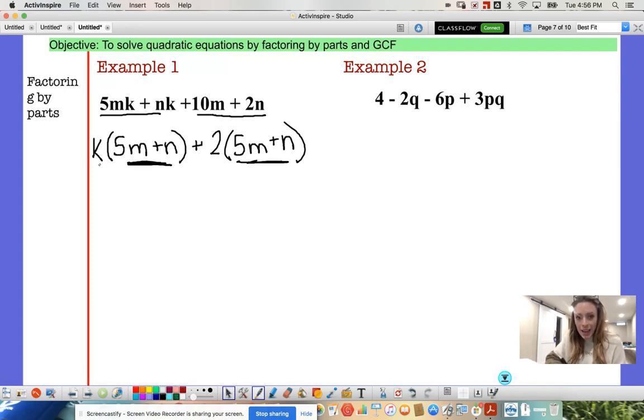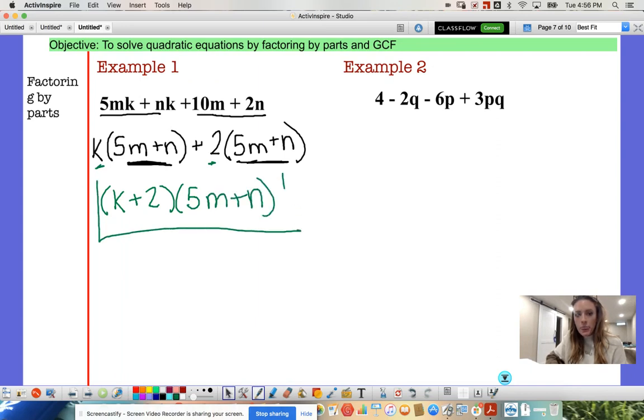So we can add this k plus 2 because these two things are the same, and they have to be the same for us to be factoring by parts correctly. Okay, so we'll have k plus 2 times 5m plus n, and we have factored by parts. Okay, now you can FOIL these back out, first, outside, inside, last, to check your work. I'm going to go to the next one.